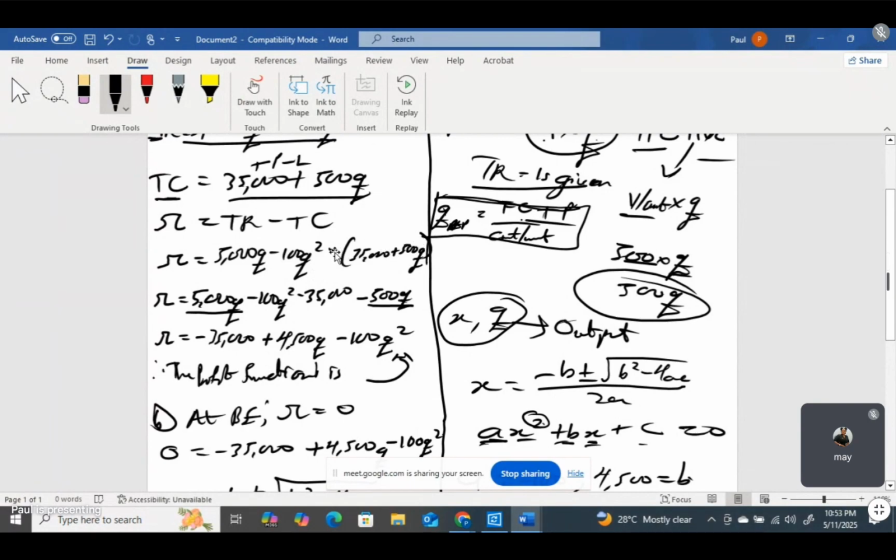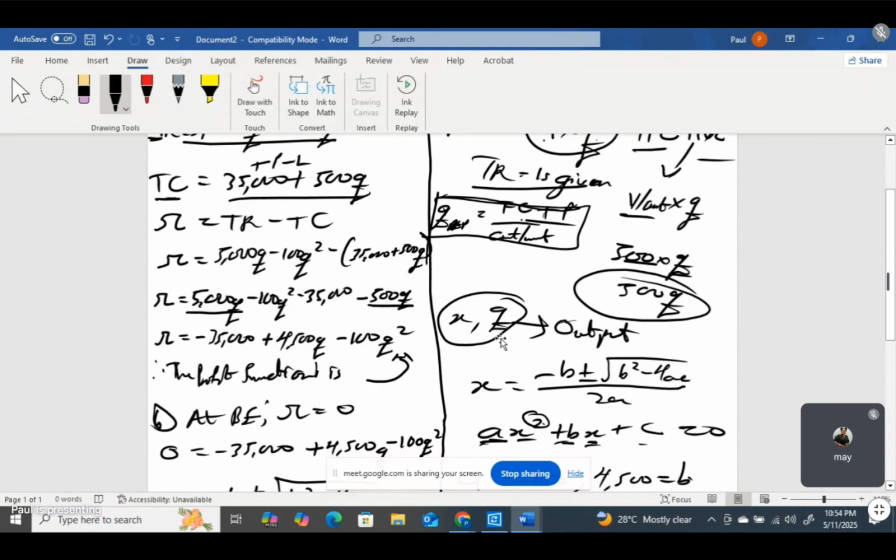You know that when there is a negative in front of a bracket, it means the negative is affecting everything in the brackets in mathematics. So here, the negative will affect the 35,000 and the 500. That's why both here are negatives. From here, you just group like terms, so the 500 will be subtracted from the 5,000, and you get your profit function.